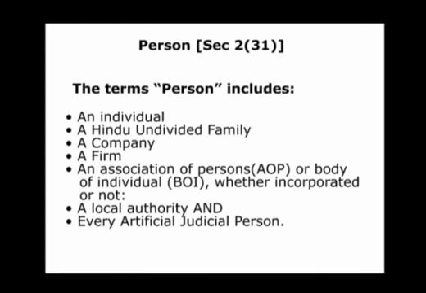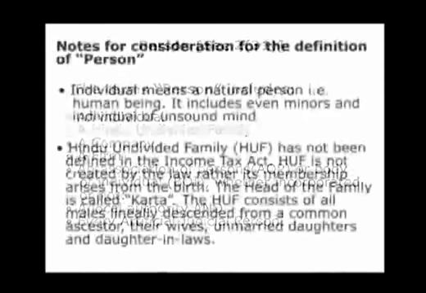Next, a local authority, and every artificial juridical person. It means all these 7 categories of persons are included in the definition of person given under section 2 of the Income Tax Act. The definition of person is inclusive but not exhaustive. It means anything which is not covered still may be covered within the four walls of its definition.